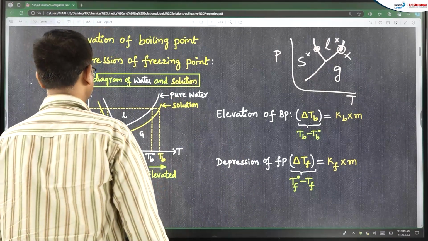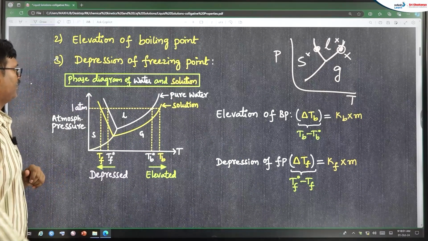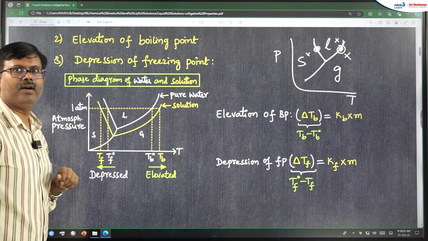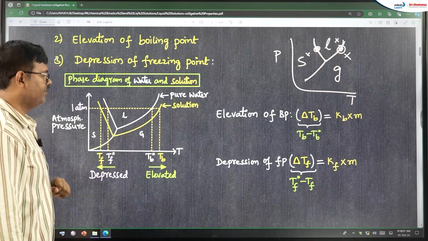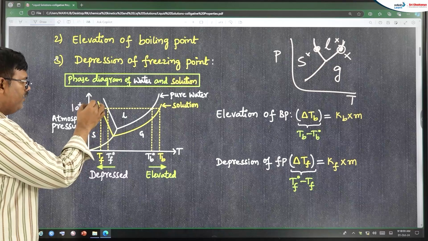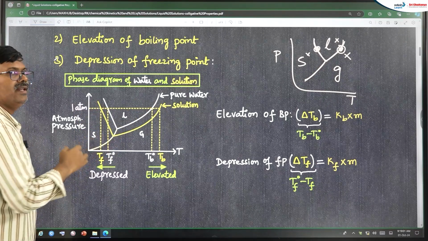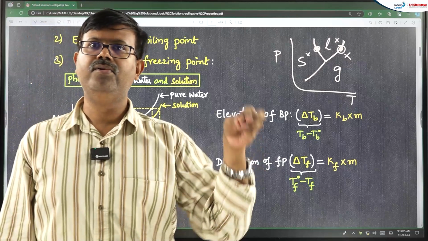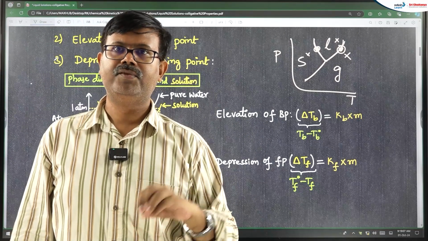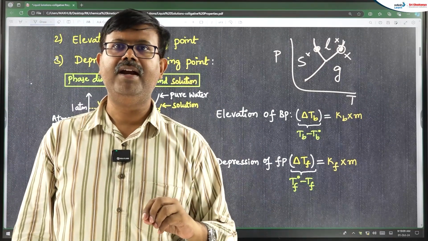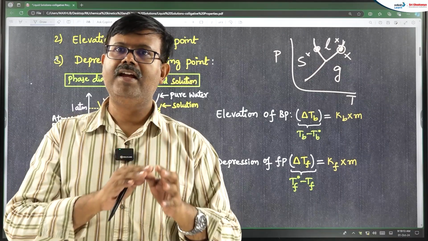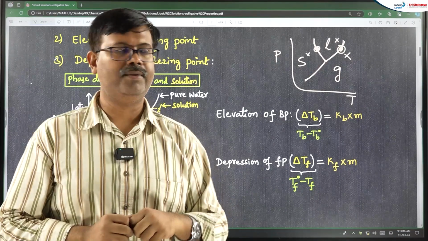Okay, now see, if you take this white curve, this is the pure water phase diagram. And the yellow one is the solution phase diagram. That means if you add solute to the solvent, the solvent's phase diagram will differ slightly.